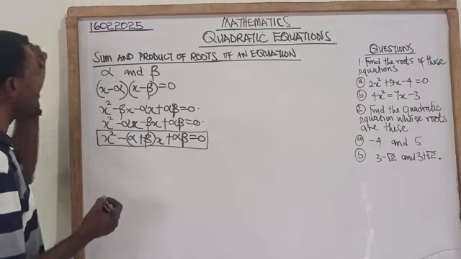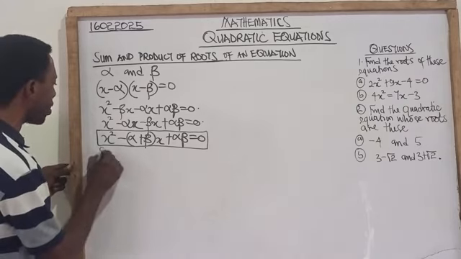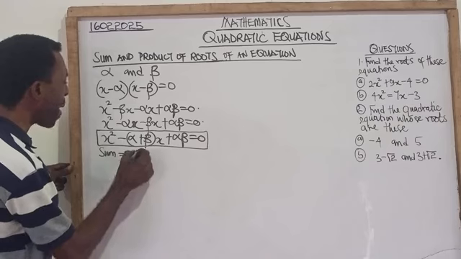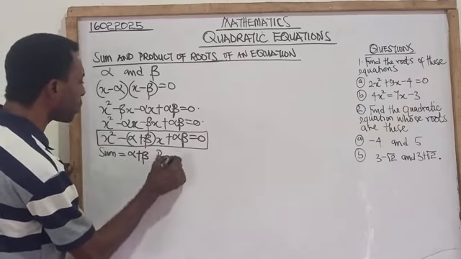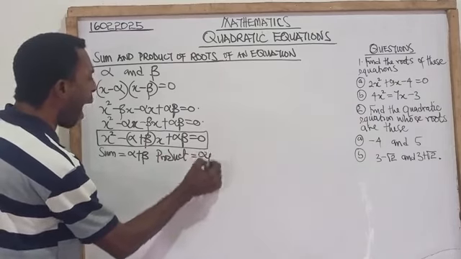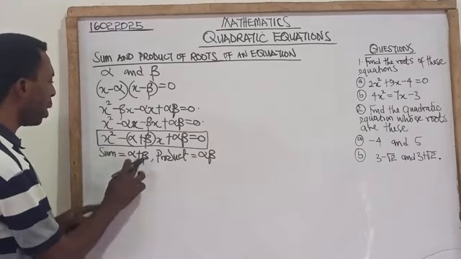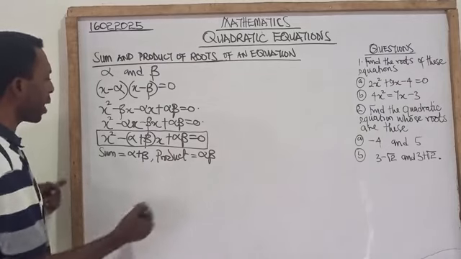Immediately after this, since we know that the sum is equal to alpha plus beta, and the product is equal to alpha beta, this is the product, this is the sum. Now that we have this, there is a way we are going to work it together.